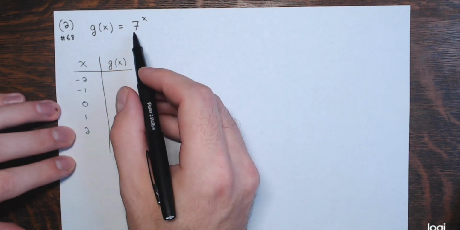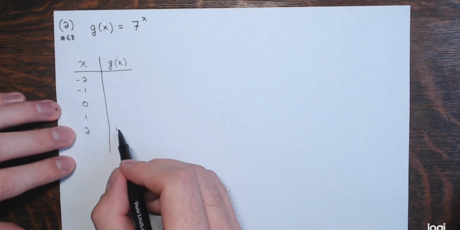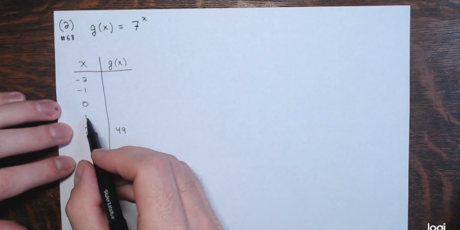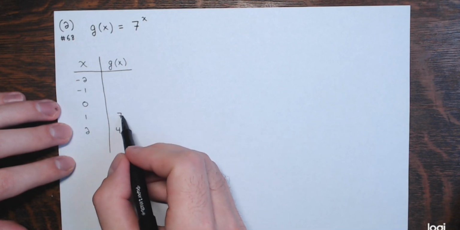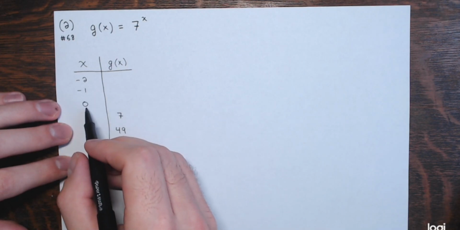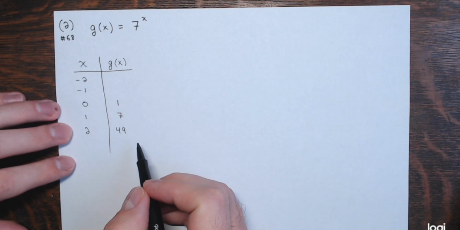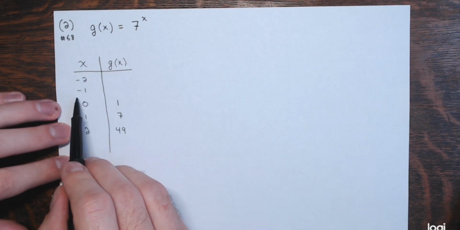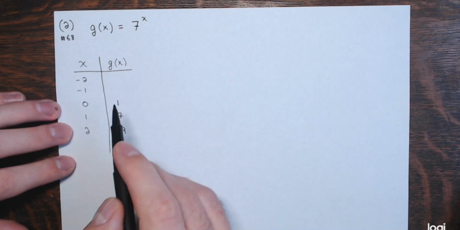7 to the second is 49. 7 to the first is 7. 7 to the 0, remember any non-zero number to the 0 power is 1. And then 7 to the -1 is just the reciprocal of 7 to the first. So this was 7.